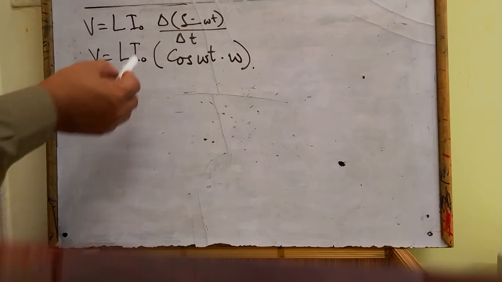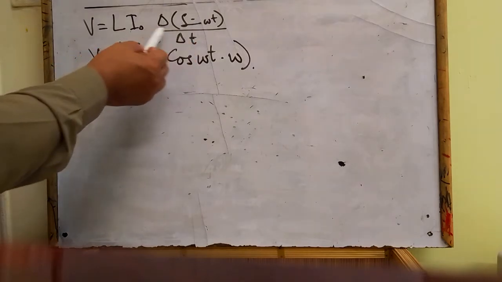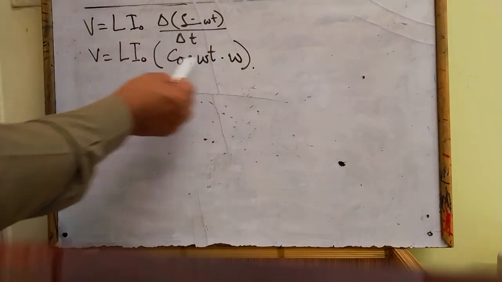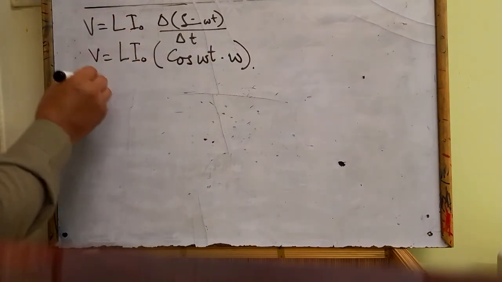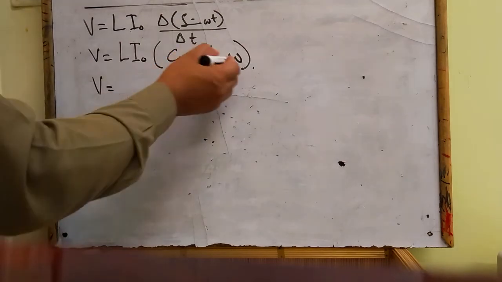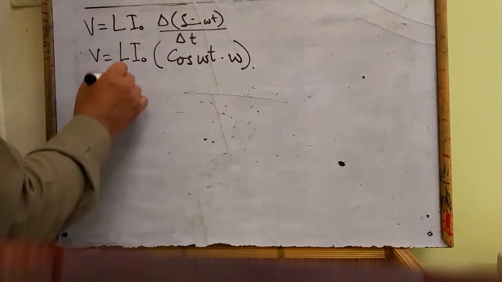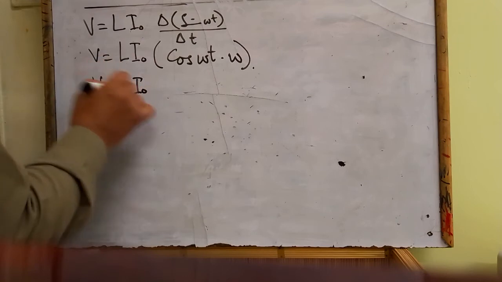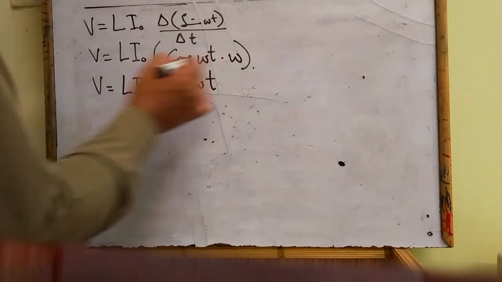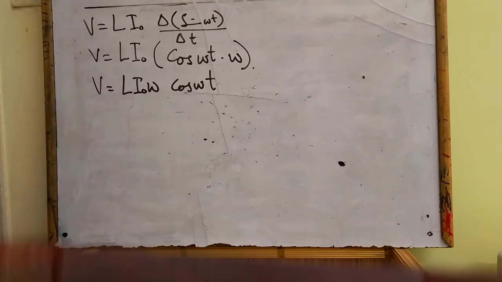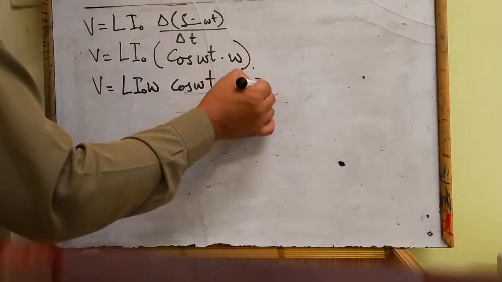Again, omega can be taken outside: L I naught omega cos of omega t. This becomes equation 3.